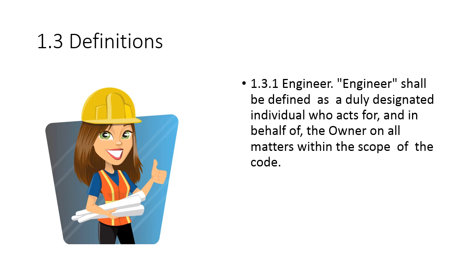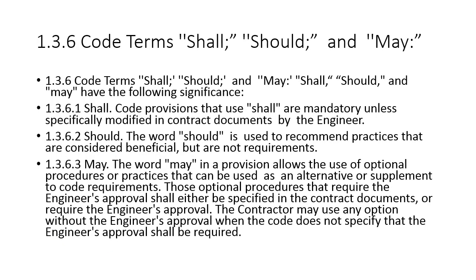They can do what they want. But it's also within their responsibility. They're the one that's going to be getting in trouble if something goes sideways or if there's some catastrophic disaster. But the engineer has quite a bit of power under this code, and that's why we see this term, engineer.